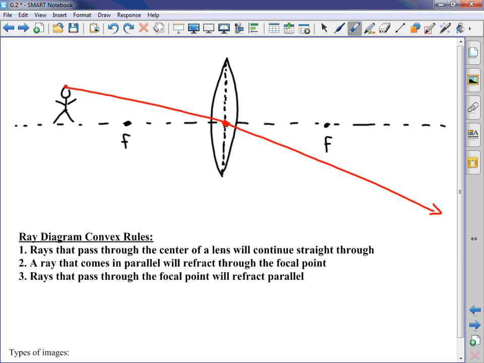This, by the way, is also why the lens must be thin. If the lens is too thick, then there's a change in distance where it comes in and goes out, and that completely messes this rule up. This is just one example of why the lens has to be thin.